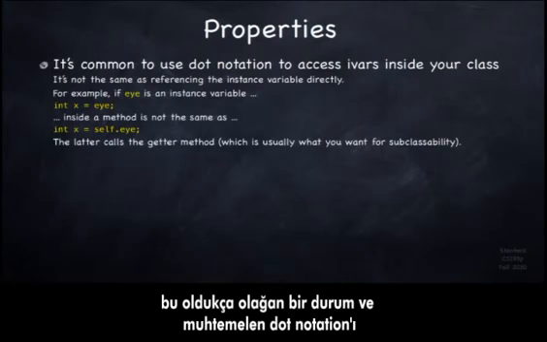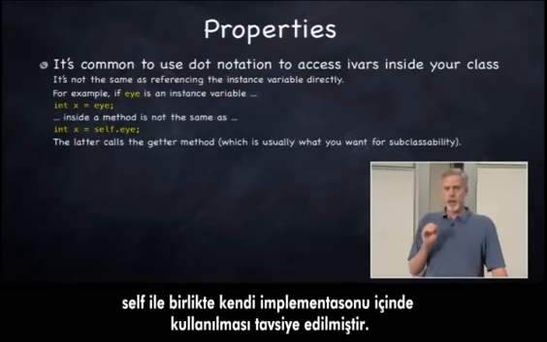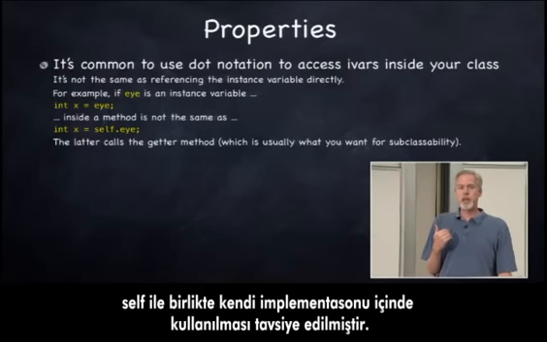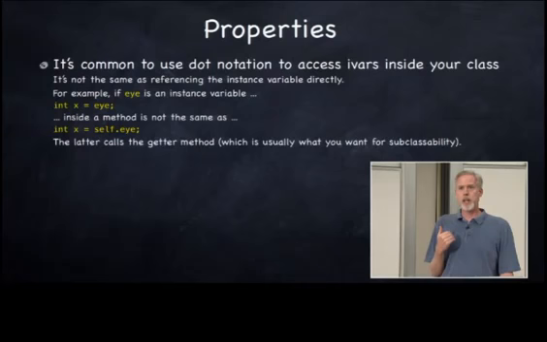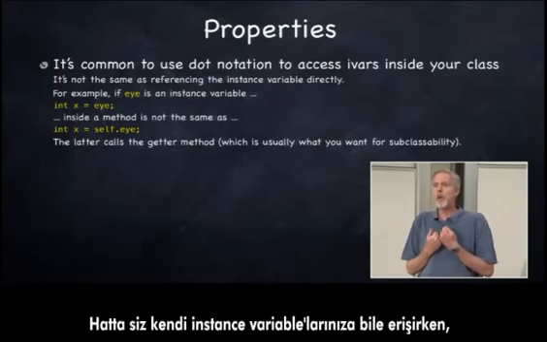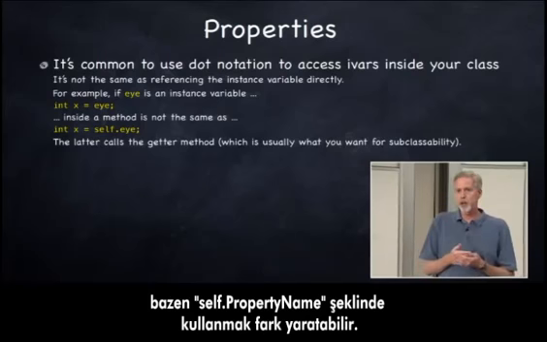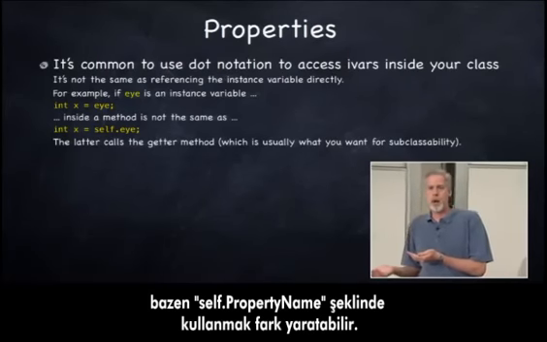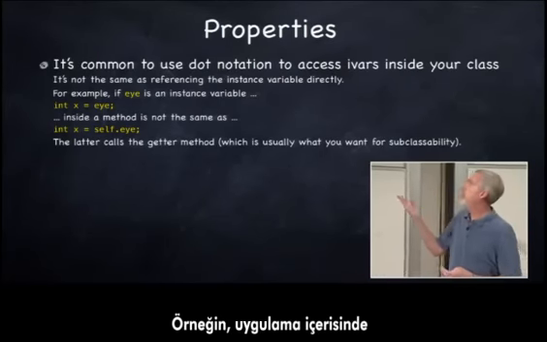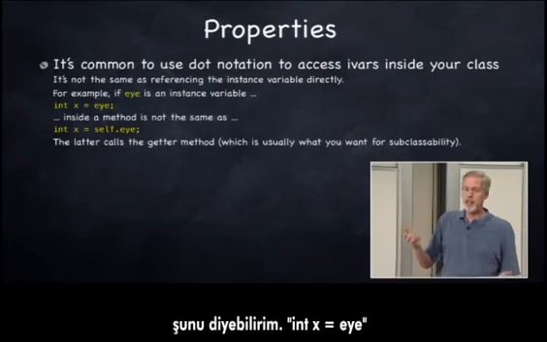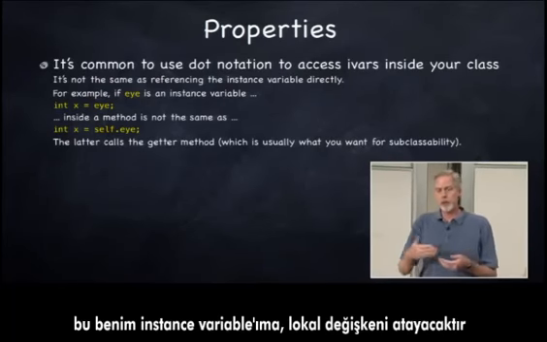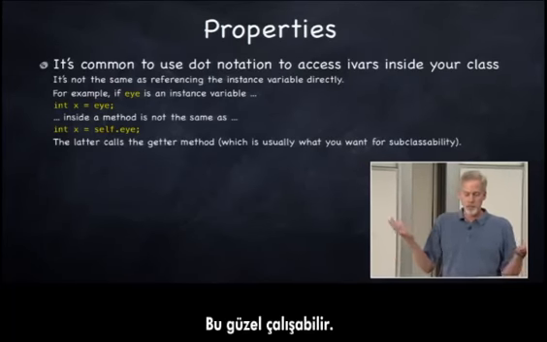It's quite common and probably recommended to use dot notation with self inside the implementation of your methods. Okay? So even when you're accessing your own instance variables, sometimes it makes sense to use self dot the property name. So for example, in an implementation, I could say int x equals I. That would set a local variable to my instance variable I. That would work fine.